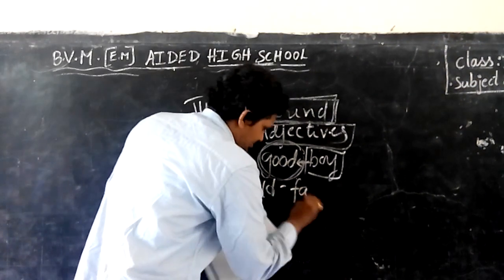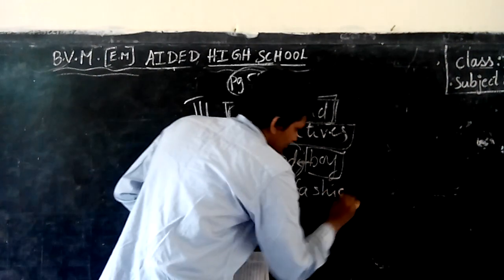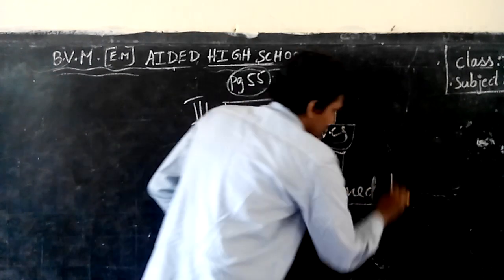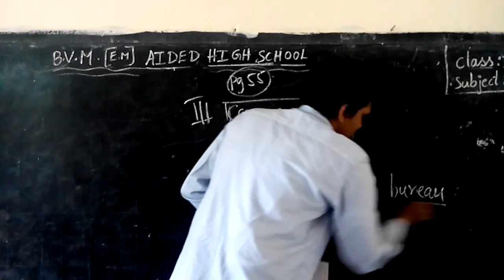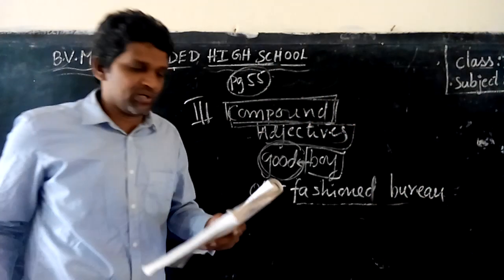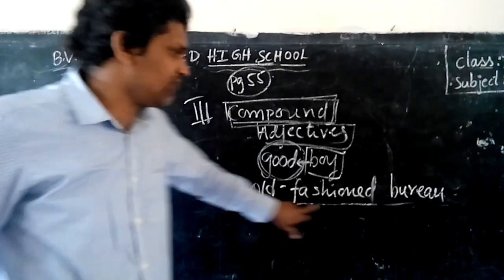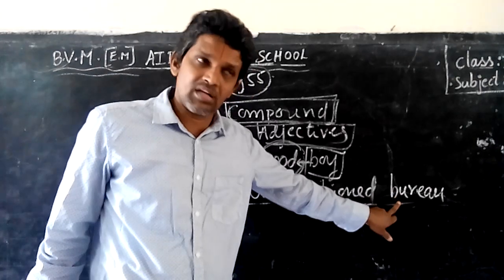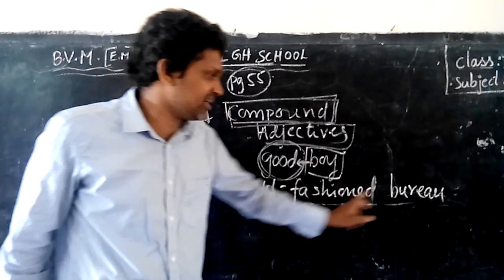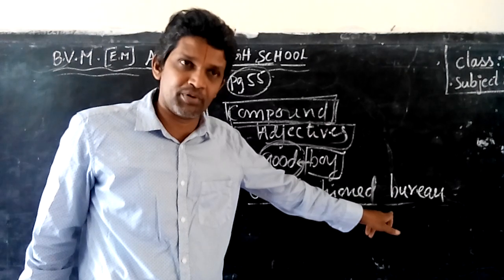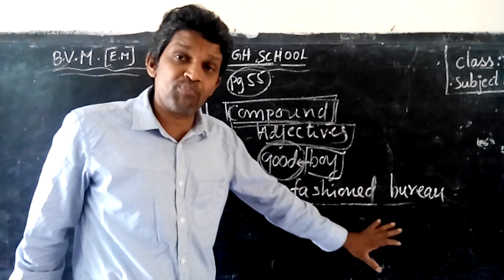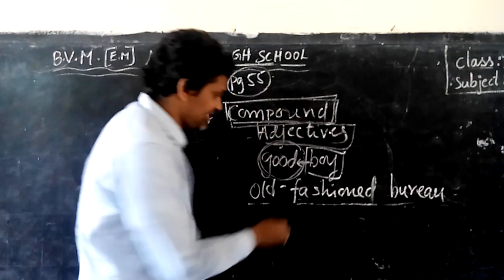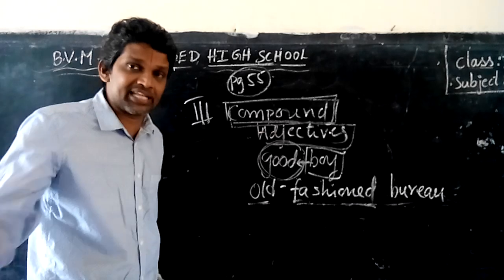Old-fashioned bureau. This is the example taken from the textbook. So here what is the noun? Bureau is the noun, and old-fashioned is talking about this noun bureau. So it is a compound adjective. Fashioned is one adjective, old is another adjective.